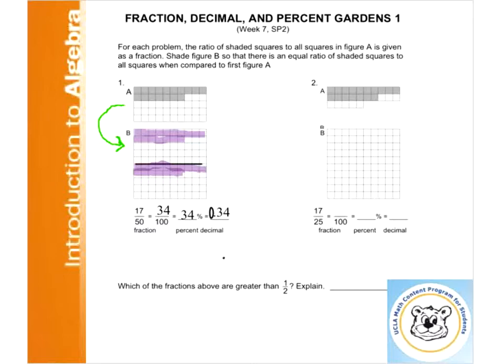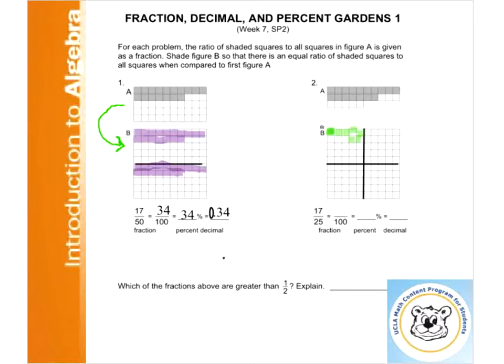For example, in number 2, pattern A shows 17/25. So 17 of the 25 squares are shaded. Some students might divide that 100 square grid into quadrants and shade 17 in each of those quadrants.